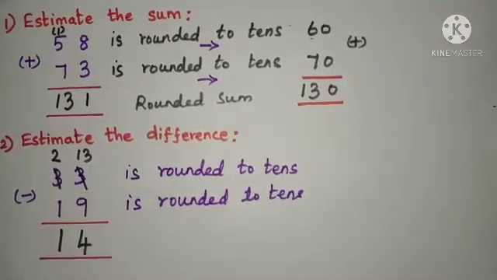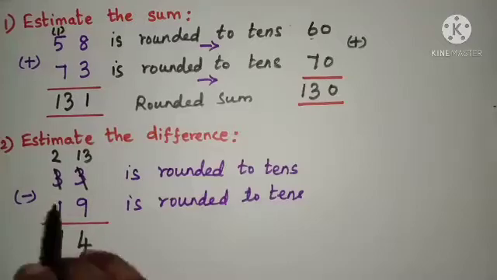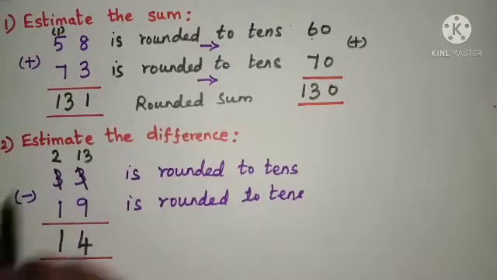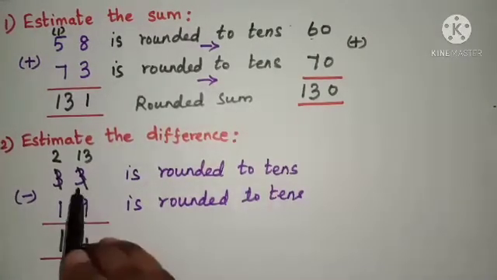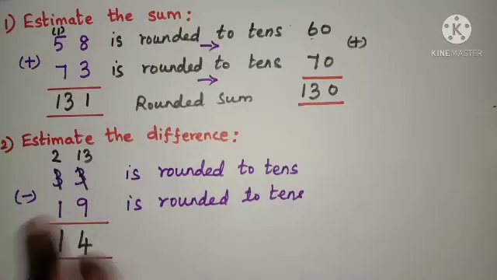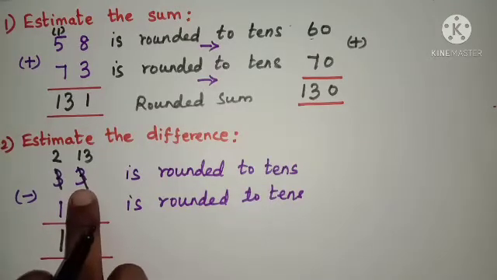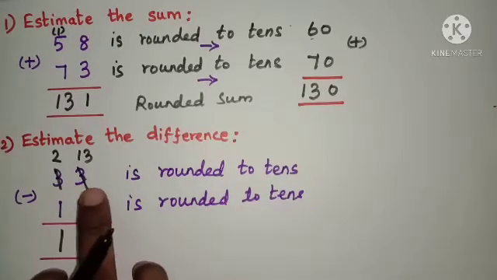Now students, see how it is rounded. 33, see the second digit, that is the unit digit of the given number 33 is 3, which is less than 5.